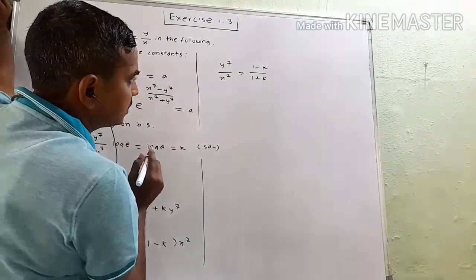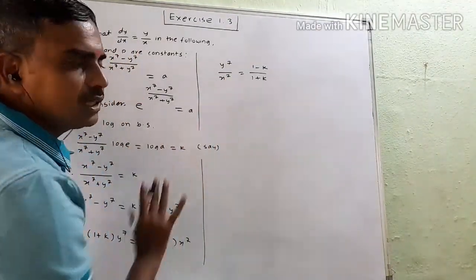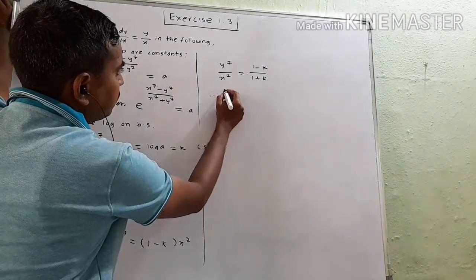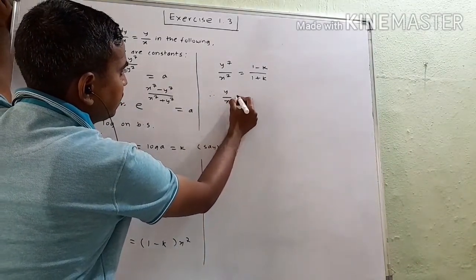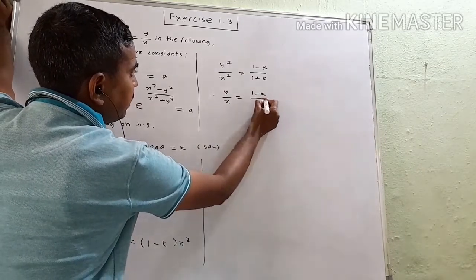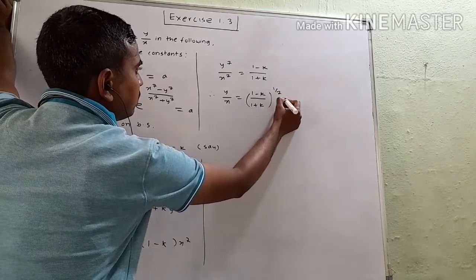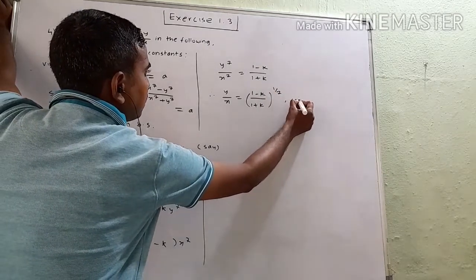This common procedure is there in all types of example. So we will take the seventh root here. Then we get y by x equal to 1 minus k divided by 1 plus k. This seventh root means this is a constant.